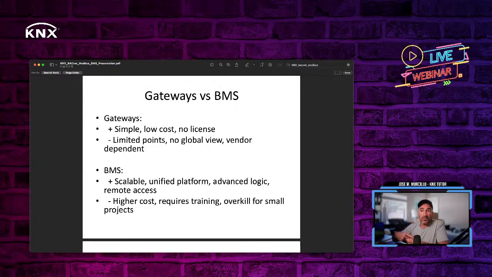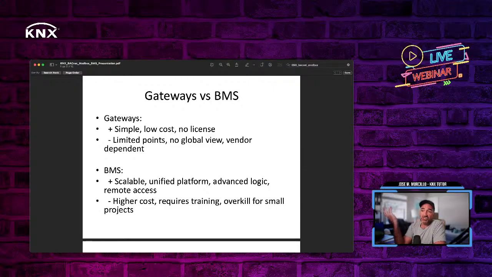So when we go with a BMS, we are looking for a software solution that we can integrate and we can match this variable with this variable, okay? So actually we are doing the same in a BMS. We can integrate KNX into Modbus and Modbus into KNX and the other way around, and it's bi-directional. I will show you in an example. So we can go with a gateway, okay, hardware. It's simple, low cost, no license, and limited points, okay?